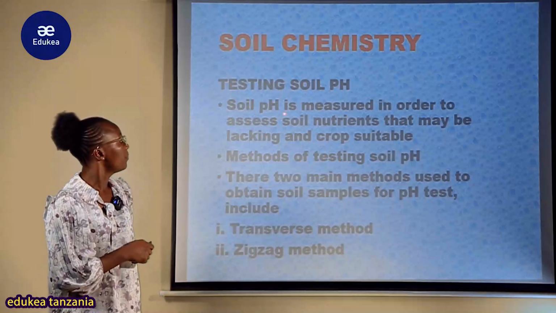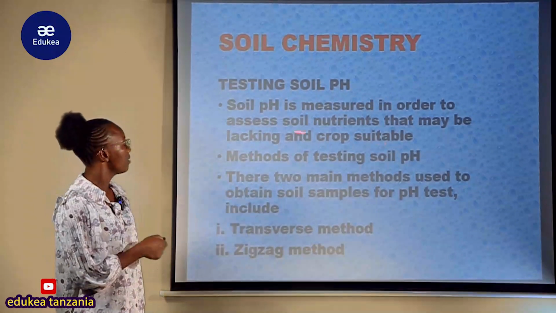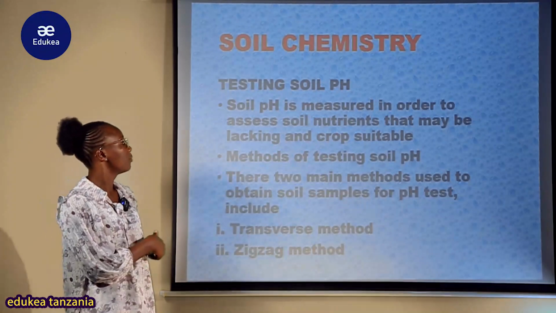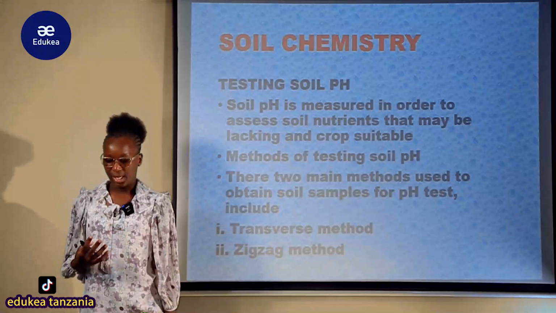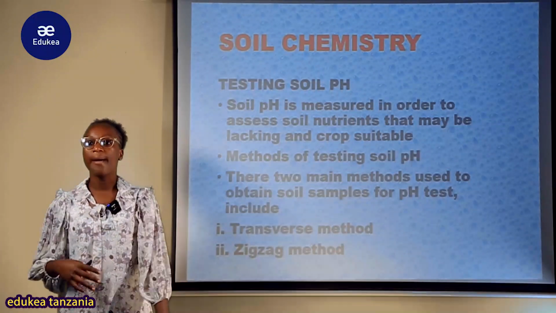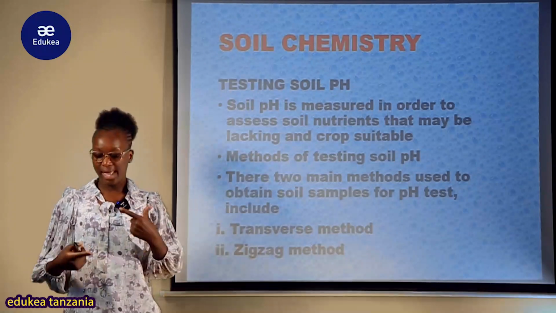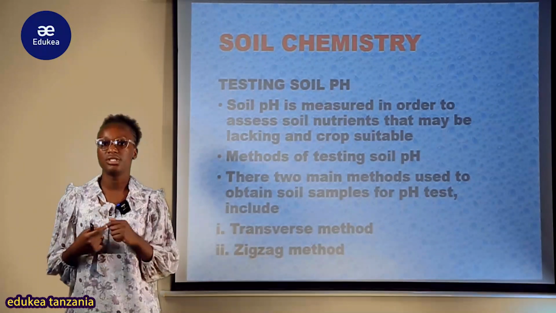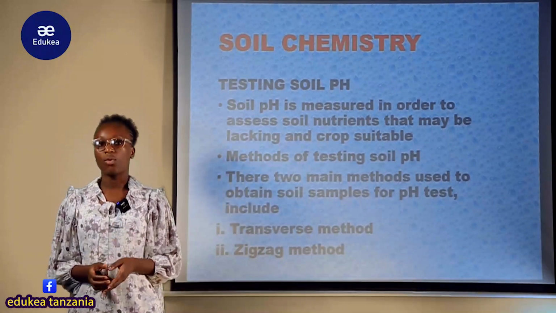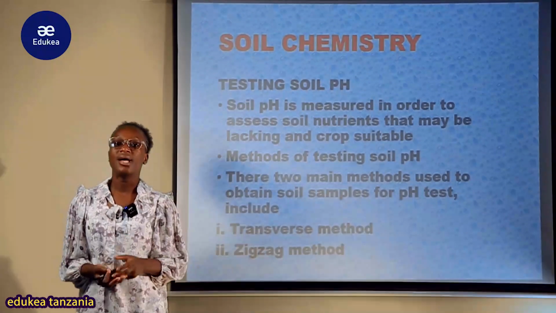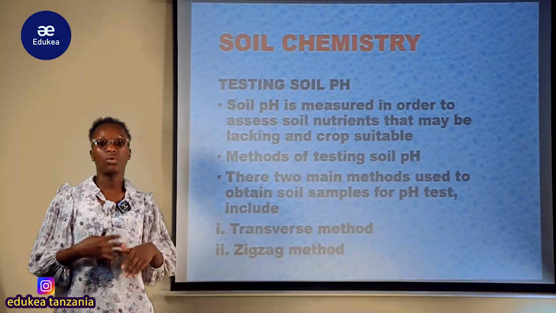So the soil pH is measured in order to assess soil nutrients that may be lacking and crop suitability. Kumbe tunafanya measuring ya hii soil pH kwa lengo la kufanya assessment ya soil nutrients that may be lacking, zitakuwa zimekosekana pale na zinahitajika ili mmea or the plant iweze kugrow healthily.